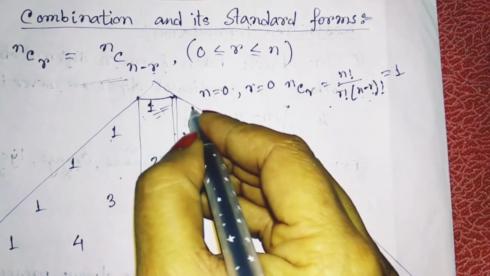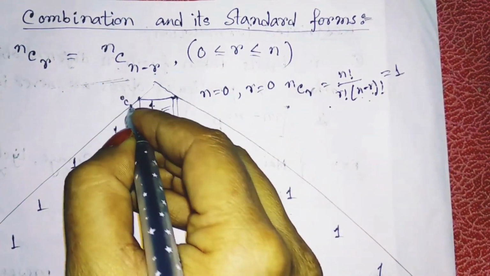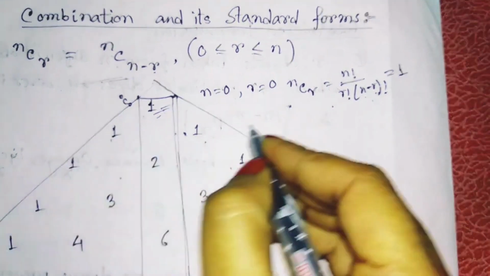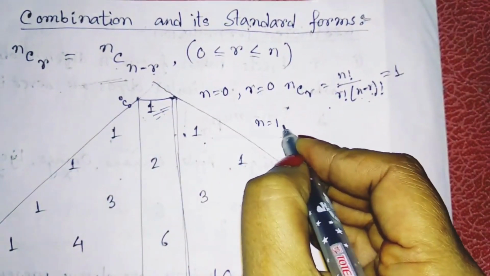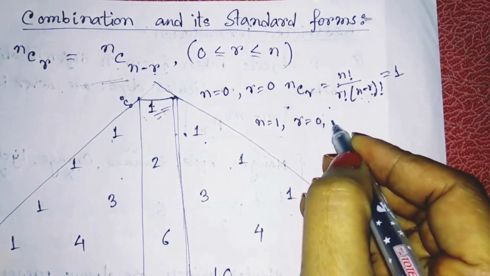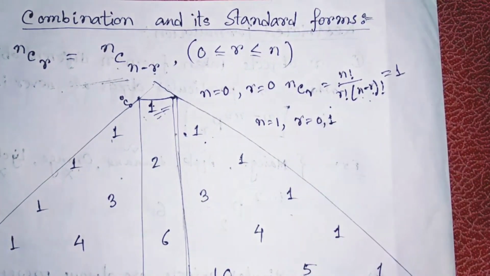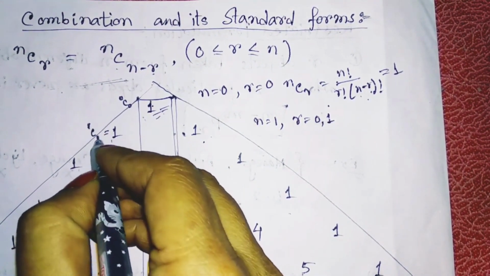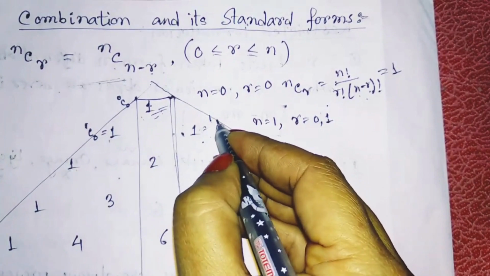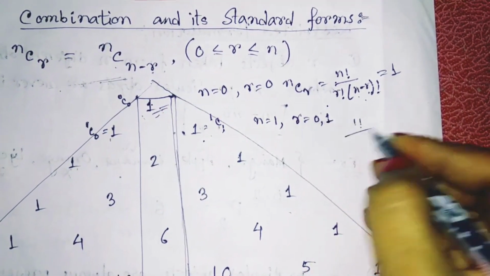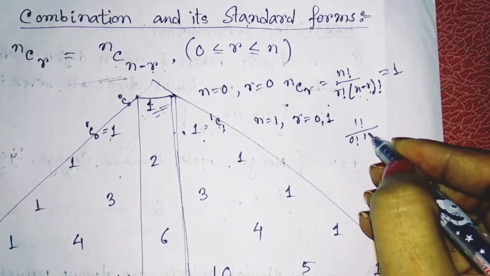So we can say this one is 0C0. Next, the second one. Here we can say n is equal to 1. So r has two options, either 0 or 1. So according to this, the value is 1C0 and this is your 1C1. So 1C0 means 1 factorial by 0 factorial into 1 factorial.